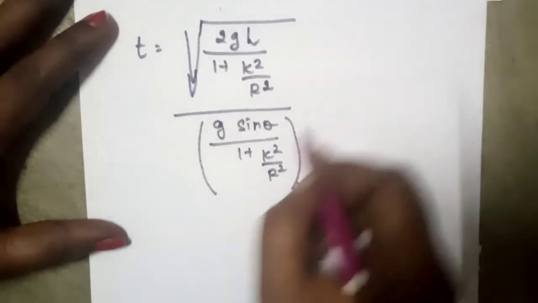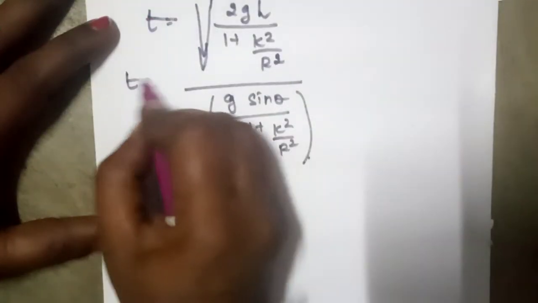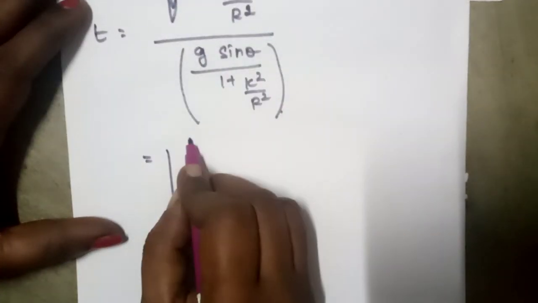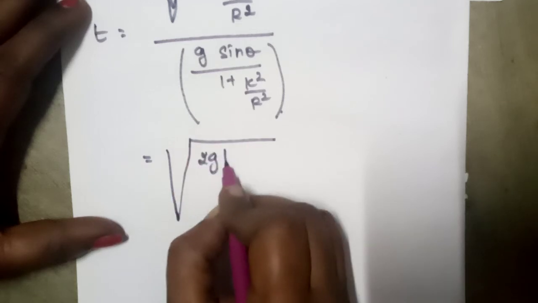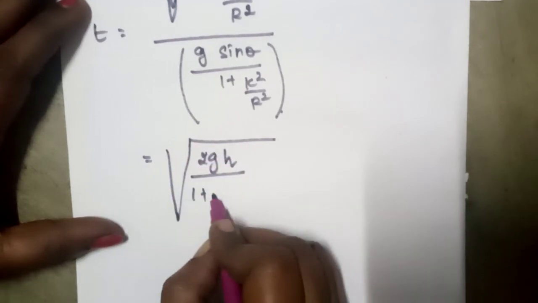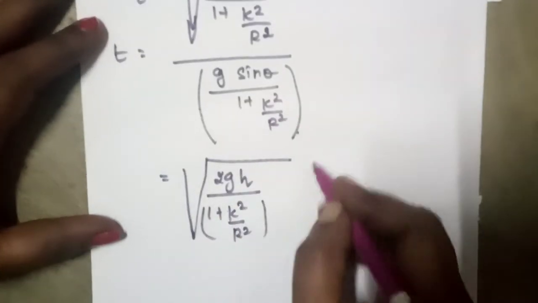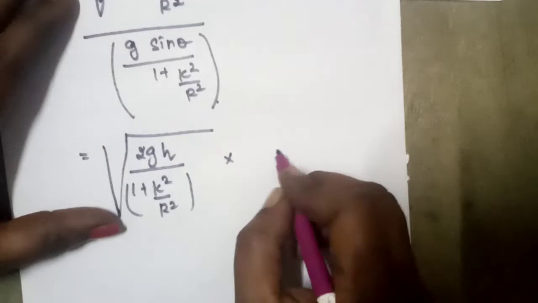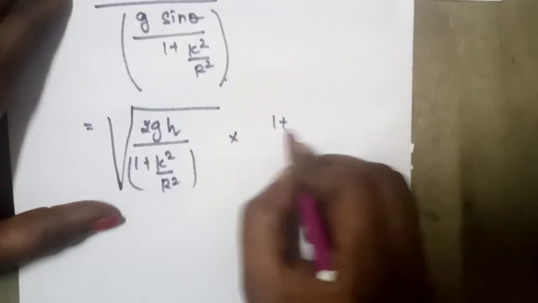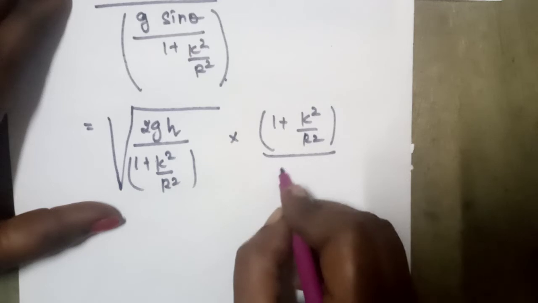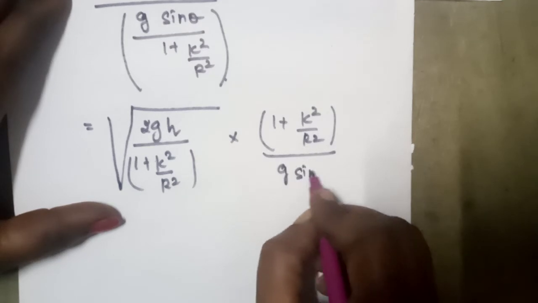So this is the expression for t. The same thing I am writing: t is equal to square root of 2gh divided by 1 plus k square by r square. This you take to the numerator, so you take the reciprocal: 1 plus k square by r square divided by g sin theta.